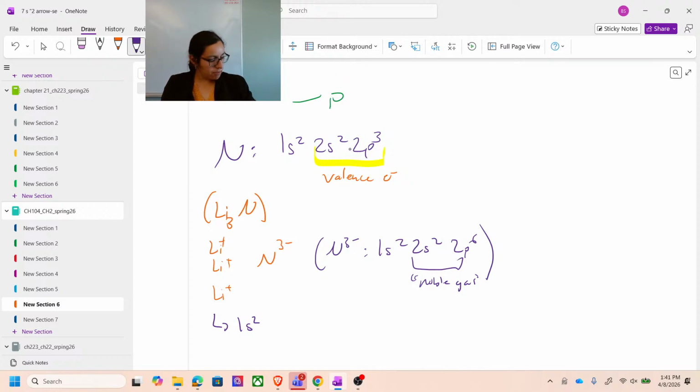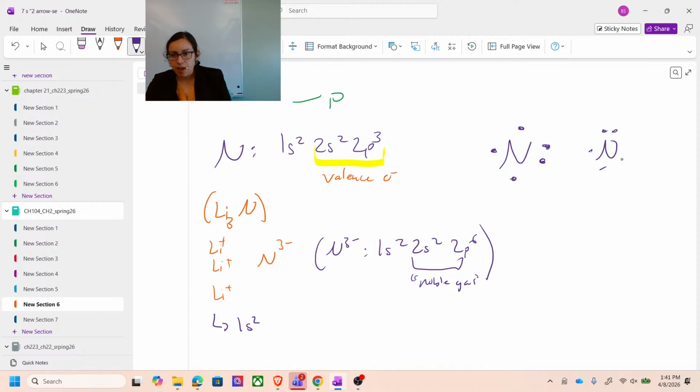So what do we get for our Lewis dot structure? You can kind of describe it. Yep. And it doesn't matter if you orient it in a different fashion.